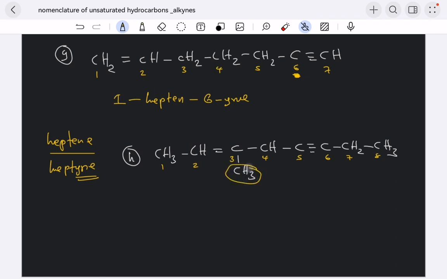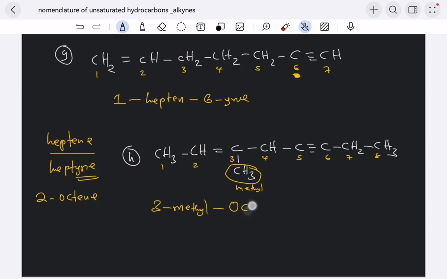Meaning this is a substituent, so we have a methyl. How do we write the name of this? Recognize the position of the substituent, which is a methyl. So it's going to be 3-methyl, hyphen. What is the position of a double bond? We're saying at 2, we have what we can call octene.